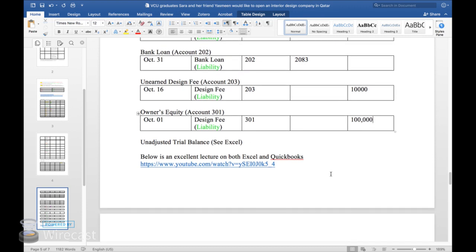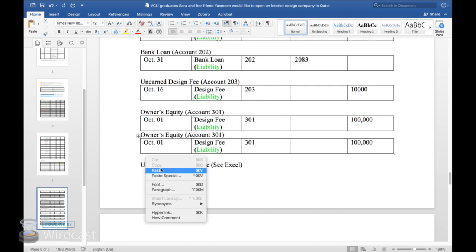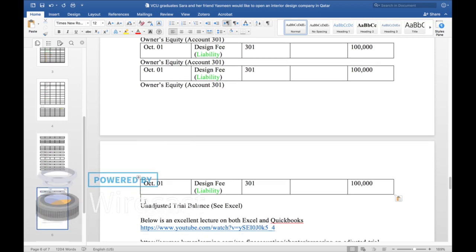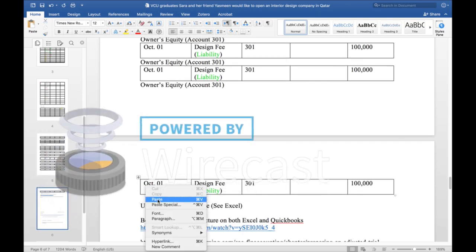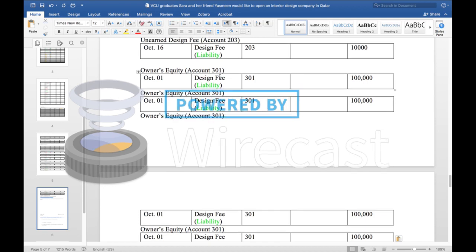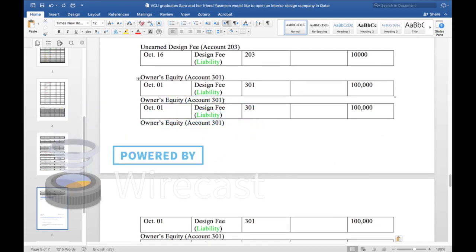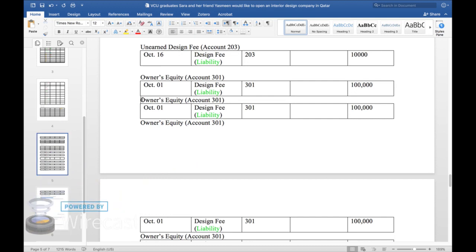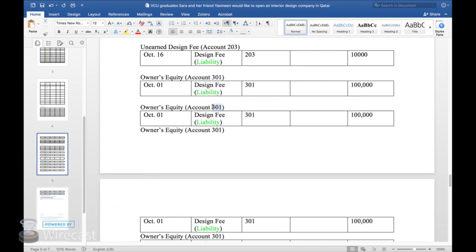So we're done with 301. Let's do a few more. We'll finish this. Copy, paste three times because we've got 501, 502, and 701. So let's just change. This one is finished. This is the new one, 501.